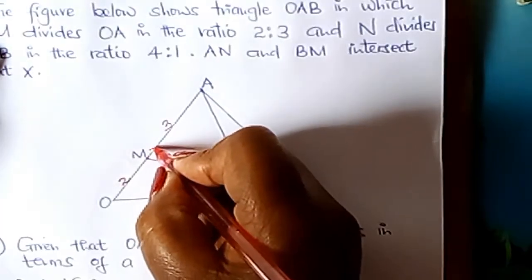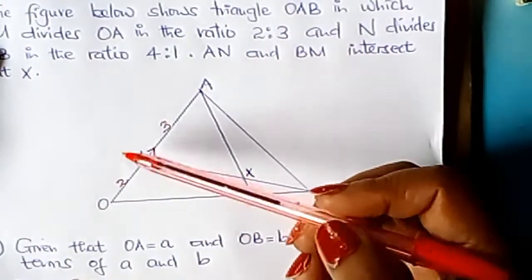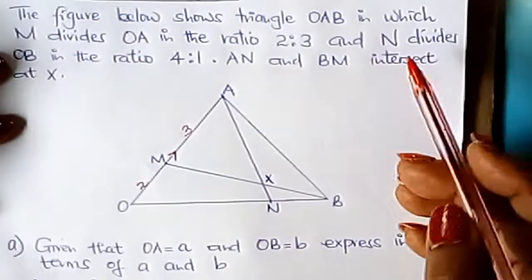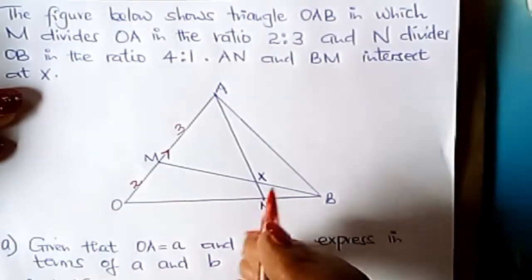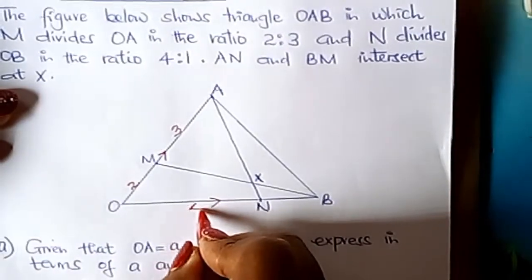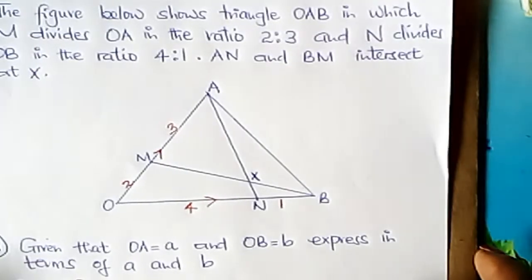And then you fix an arrow for vector OA. And N, this one here, divides OB, this vector here, in the ratio 4:1. You fix those figures there.